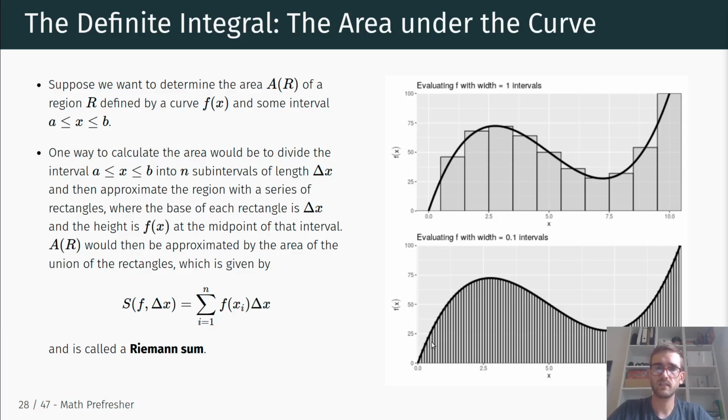Another context in which we've seen integration before is the definite integral. So before, when we talked about the antiderivative, we just talked about reversing the process, taking the derivative and finding the function that produces a given derivative.